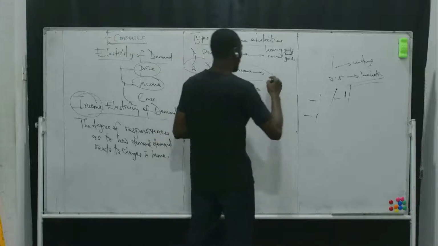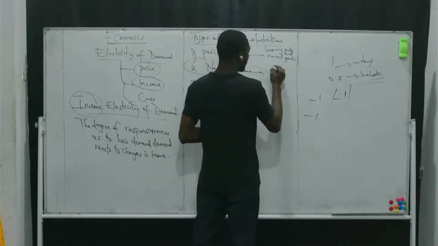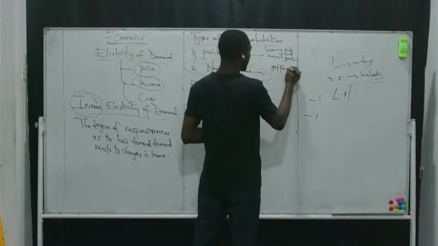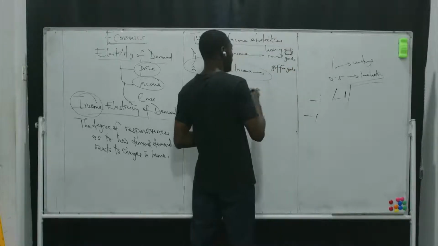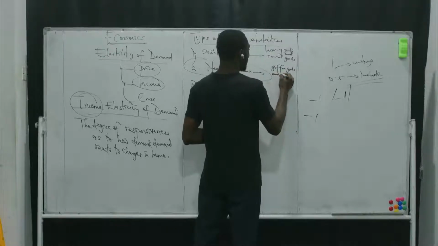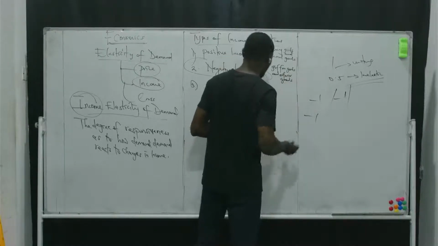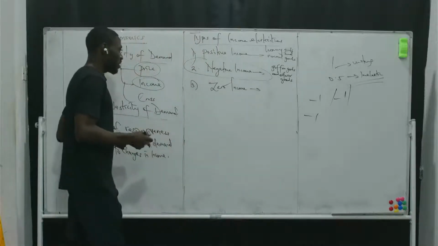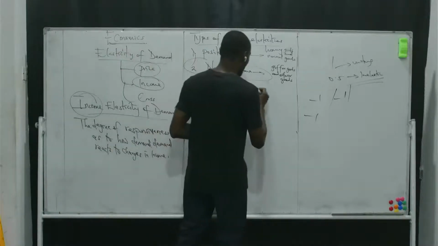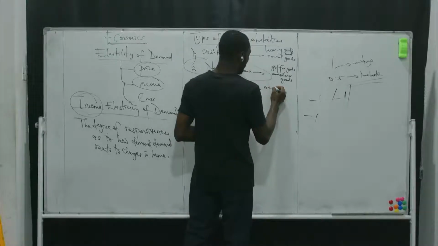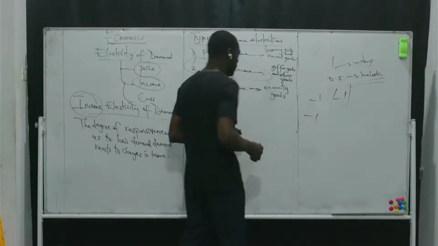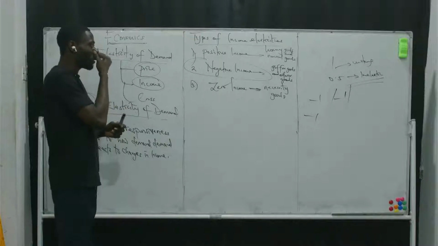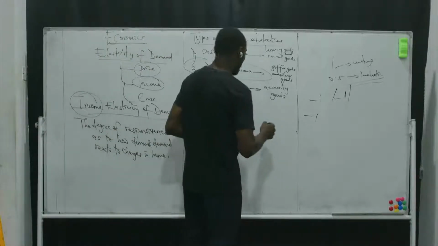Now, when you move to negative income elasticity, we say Giffen goods and inferior goods. Giffen goods and inferior goods. Then you move to zero income elasticity, we say necessity goods.